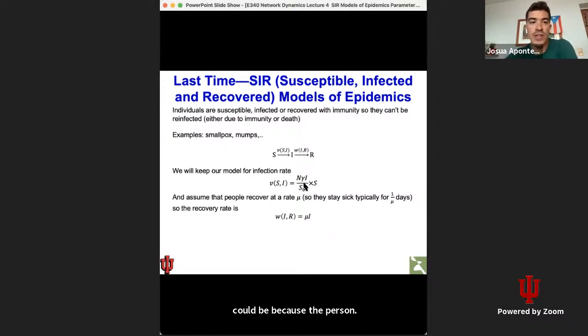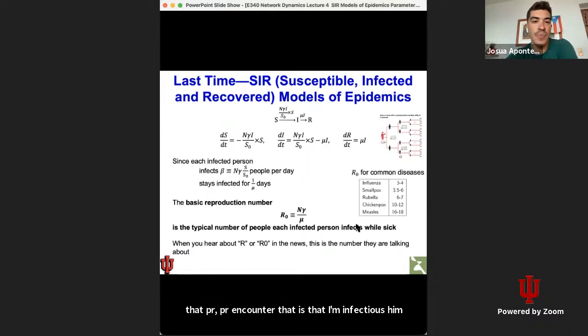So the parameters of the SIR model are going to be mu, which is the recovery rate, and then it's usually called beta, but here we sort of separate them into N and gamma, N being the number of encounters between infectious and susceptible individuals, and gamma the probability per encounter that an infection event will happen.